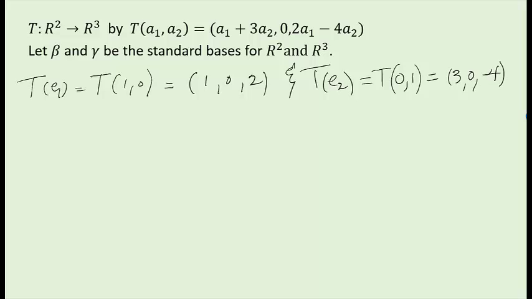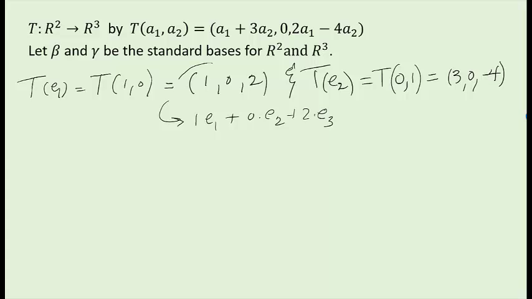So we find out what the transformation does to the basis vectors. And now I need to express those in terms of e1, e2, e3, but they already are. This vector right here is simply 1 e1 plus 0 e2 plus 2 e3. So in this case, there's no work to be done.